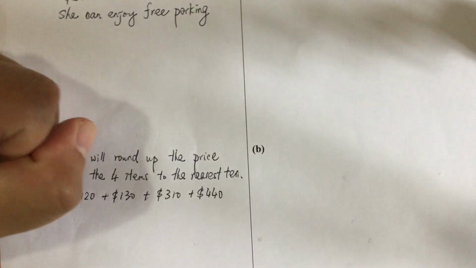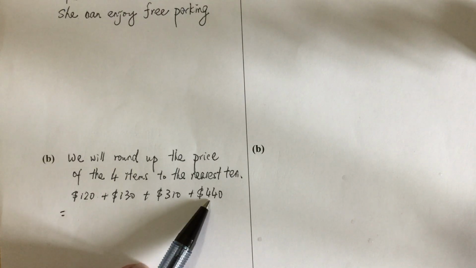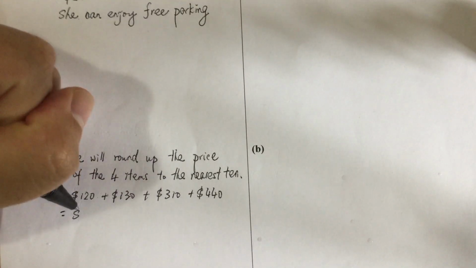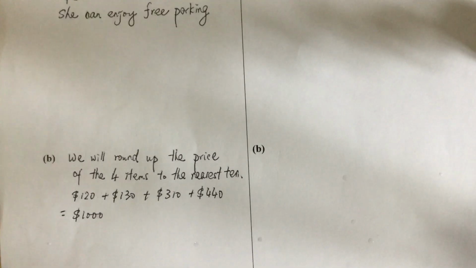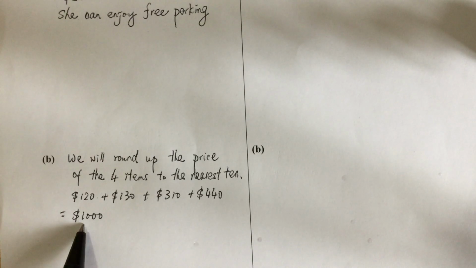After that, 250 plus 310, so this is 560, plus 400. Okay, so this is 1,000. Exactly 1,000. So it means that after I round up, I still only get $1,000.